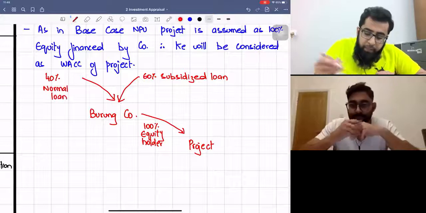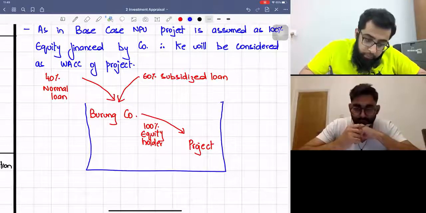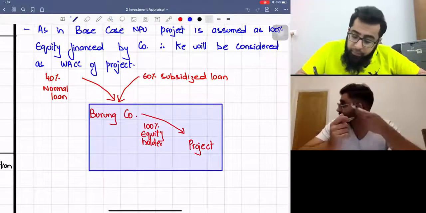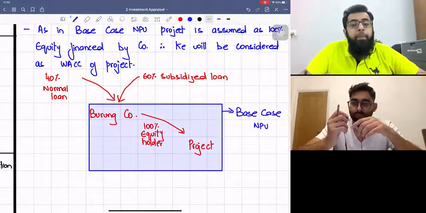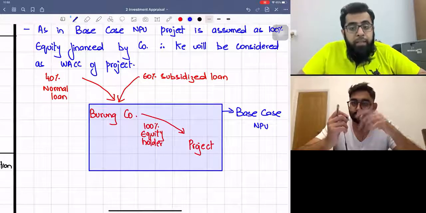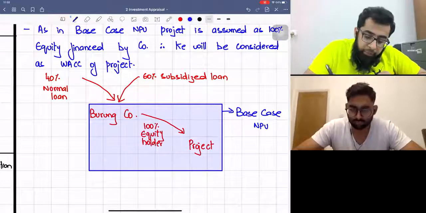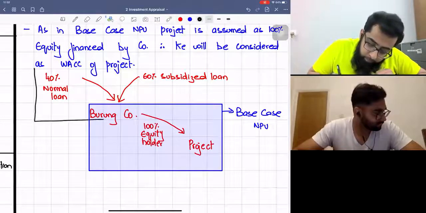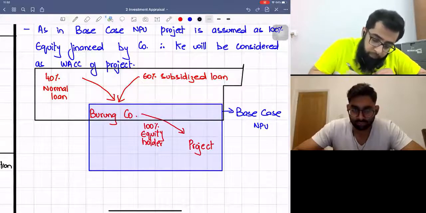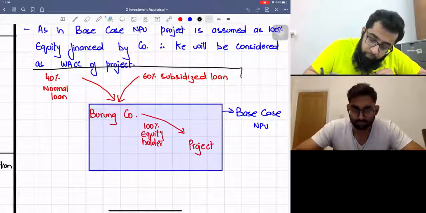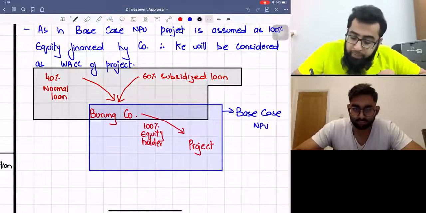The base case NPV is this part. In base case NPV, we consider this part, and this above part is the financing adjustment.